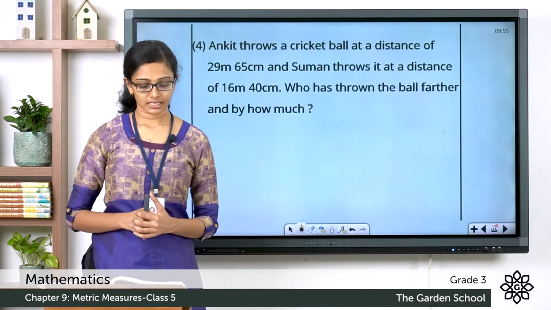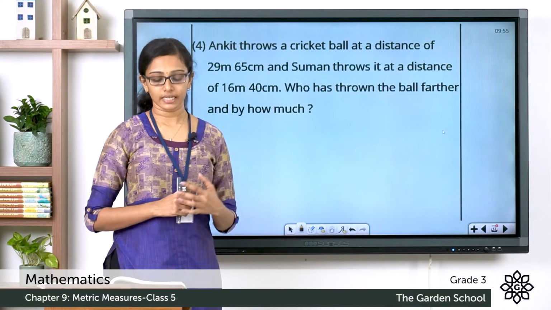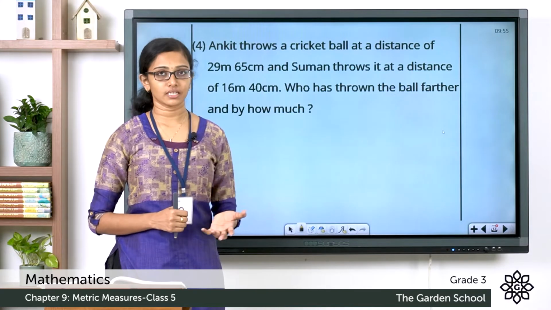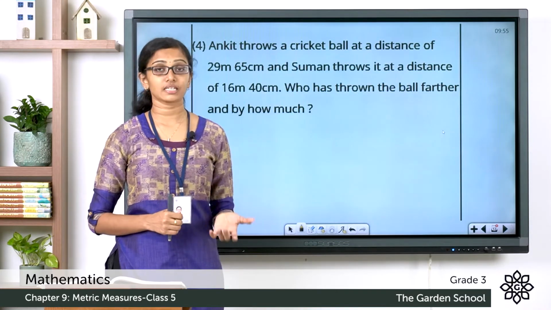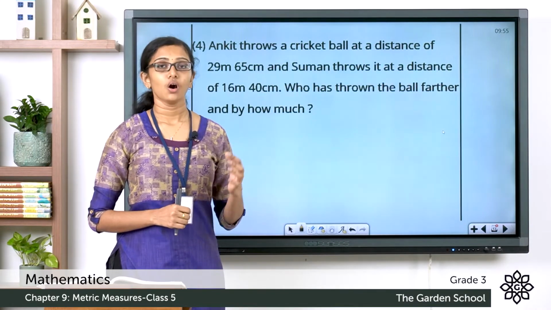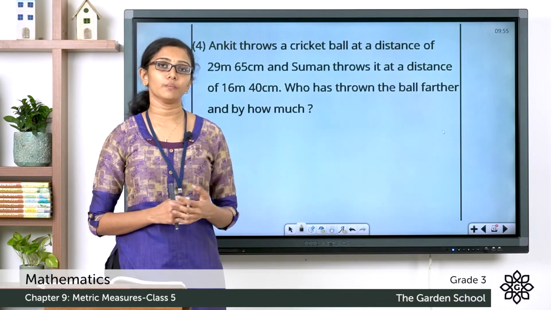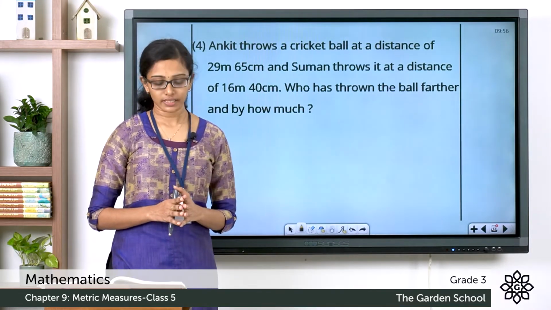The next question is, Ankit throws a cricket ball at a distance of 29 meter 65 centimeter and Suman throws it at a distance of 16 meter 40 centimeter. Who has thrown the ball farther and by how much? So what is given in the question?